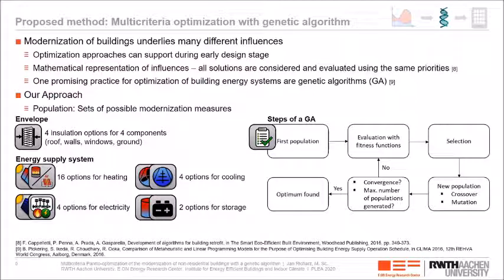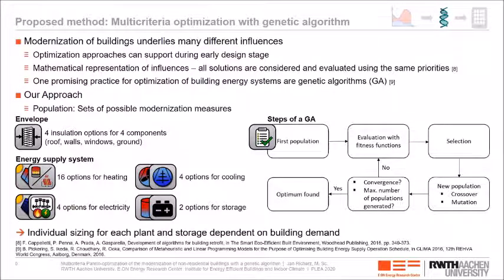At the disposal of the algorithm are boilers, combined heat and power, compression and absorption chillers, different solar technologies, thermal storages, batteries, and many more. These are all individually sized for the building and can be combined in many ways.